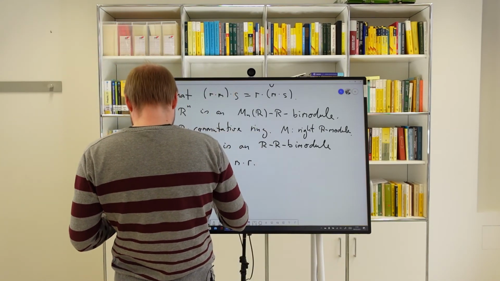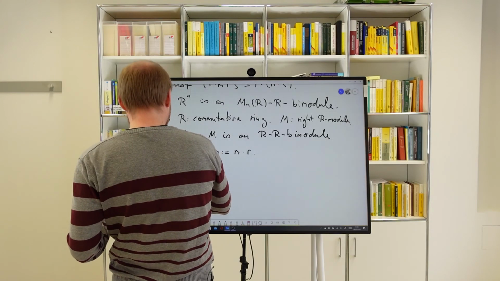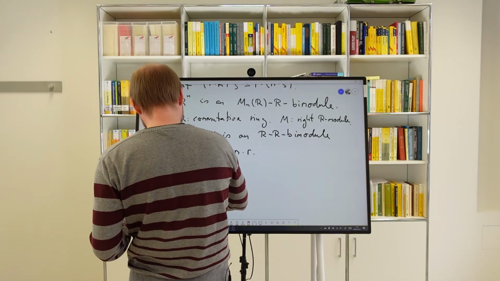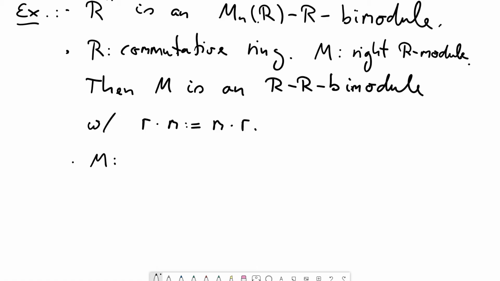Okay, and finally, if R is not necessarily commutative, and I just have a left R module M, then the one thing I at least can always do is consider this left R module M as an R-Z bimodule. So I can still multiply with elements from the ring of integers from the right.